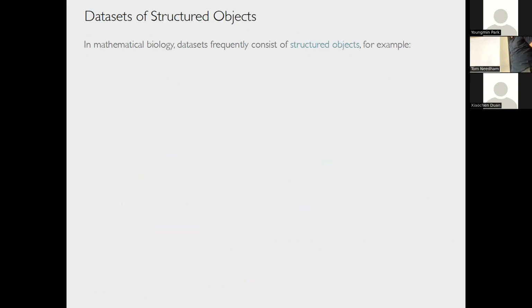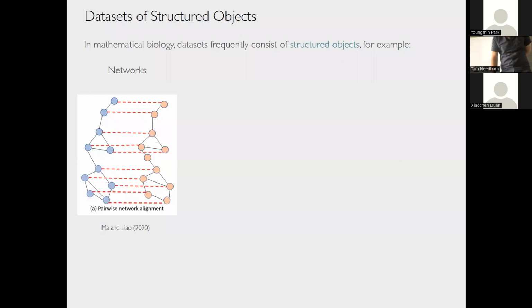So I'll make this claim that in mathematical biology, you're frequently coming across data sets where each data point in the data set is itself a complex structured object. For example, you might have a data set where it's some ensemble of networks. So here's protein-protein interaction networks where each node represents a protein, an edge is representing protein interaction.